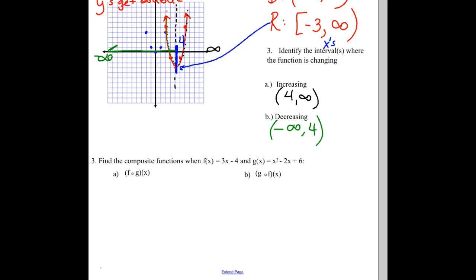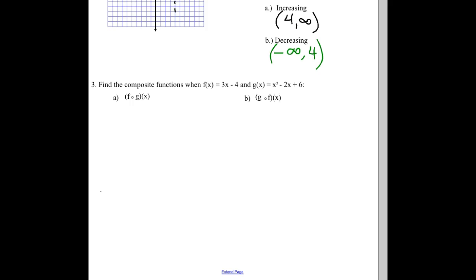And our last question here is asking for you to do a composition of 2 functions. That's where we plug one function into another function. And the order is really critical here. So this one says we're going to start with our f function, and g is going to get dumped in.